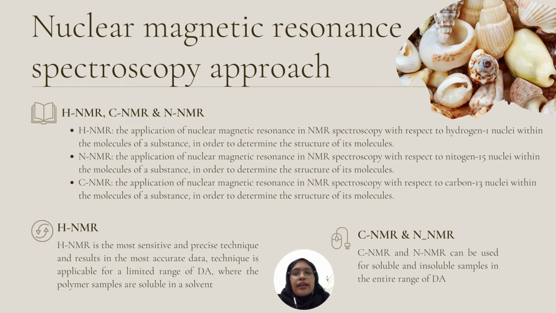But HNMR is the most sensitive and precise technique, and the result is the most accurate data, though the technique is applicable for a limited range of DA where the polymer samples are soluble in a solvent. CNMR and NNMR can be used for soluble and insoluble samples over the entire range.